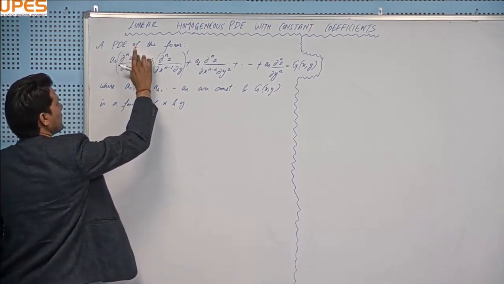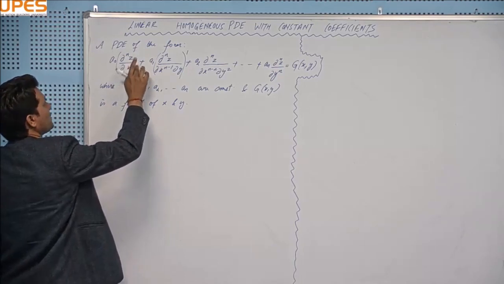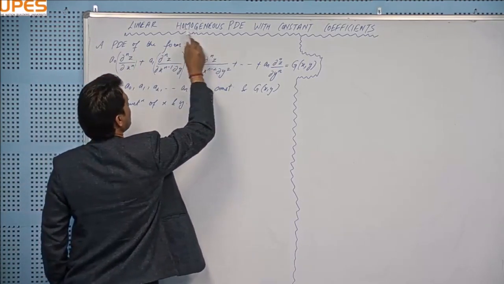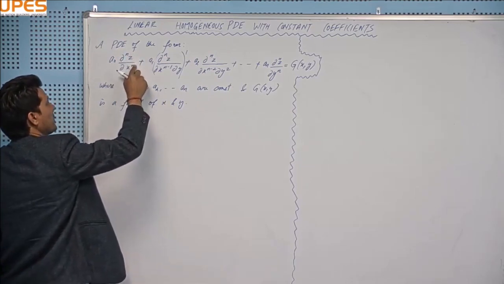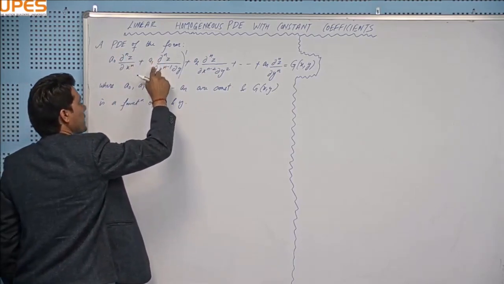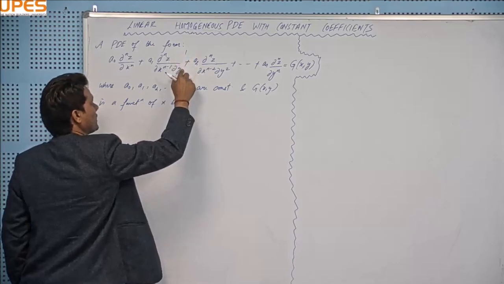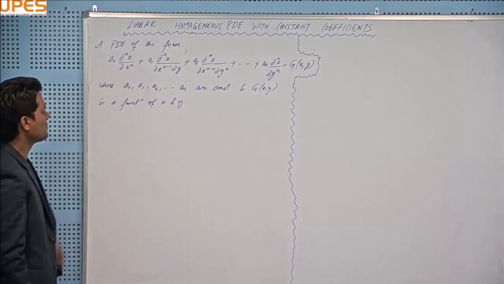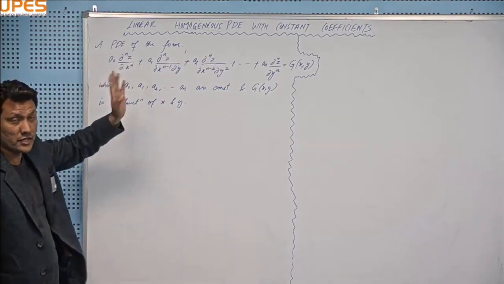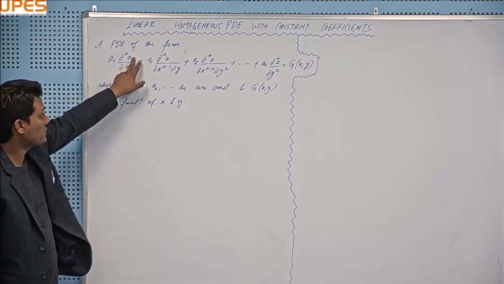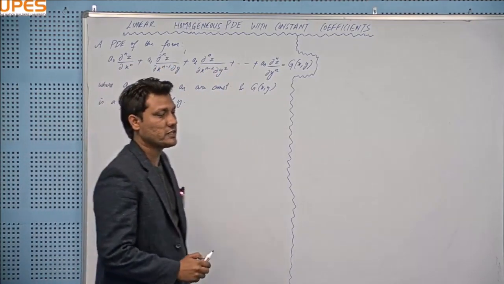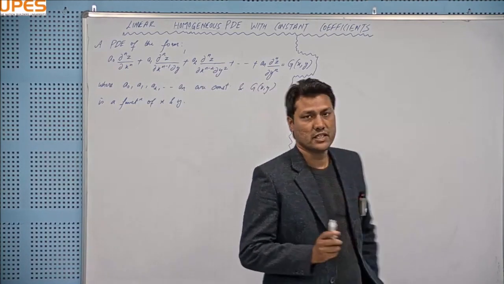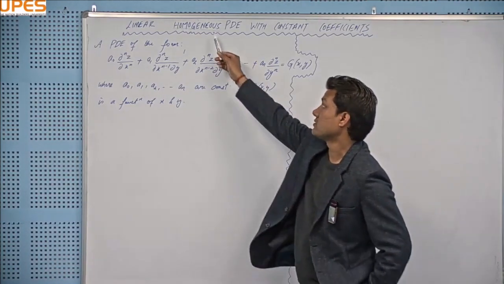And the reason behind the word homogeneous here is that every derivative is of order n. This partial derivative is of order n, this is of order n, every partial derivative is of order n. That's why we call it homogeneous.